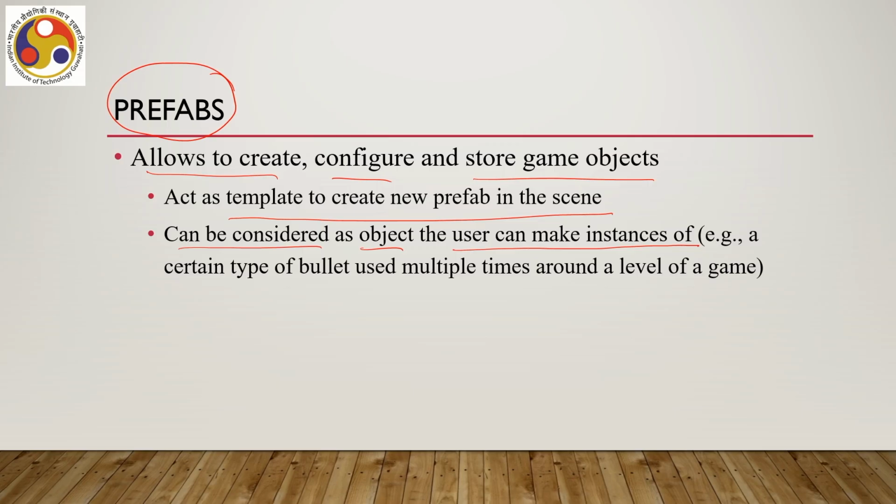For example, if you are dealing with a shooter game, then a certain type of bullet can be used as a prefab, and then we can create instances of such bullets multiple times around a level of the game. So, the bullet type is a prefab. These are the basic concepts that we should know of while dealing with Unity.